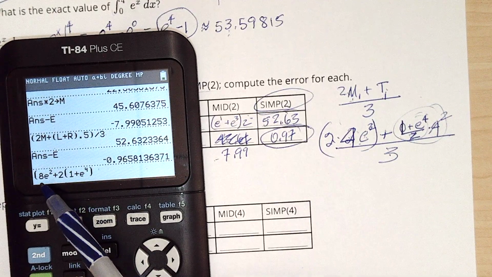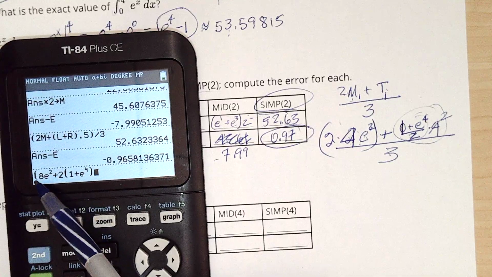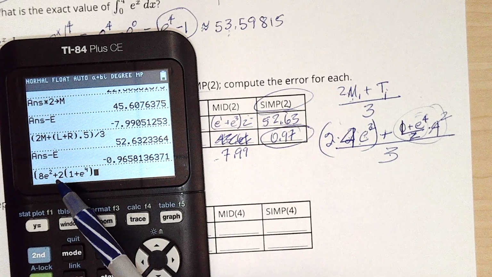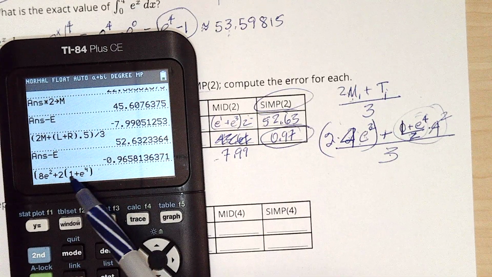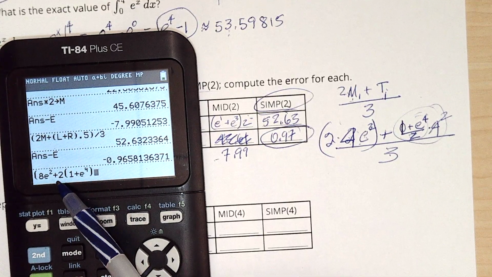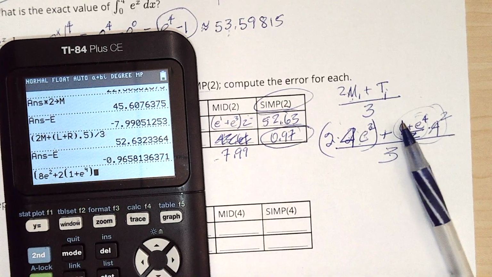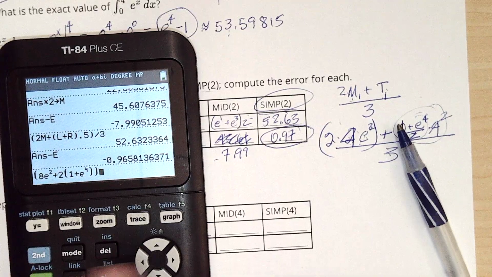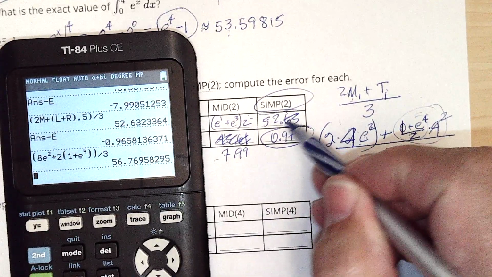So 4e squared is the midpoint, and I want 2 of those. Then the trapezoid is the average of those times 4. The average has a 2, so that cancels. And then I got to go parenthesis, all of this divided by 3. So I get 56.76.